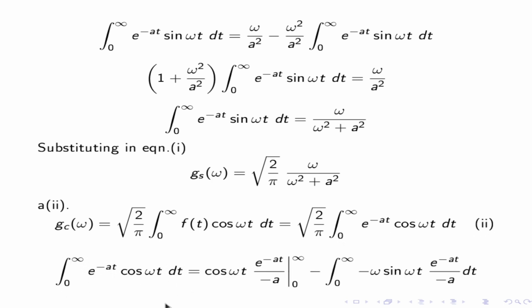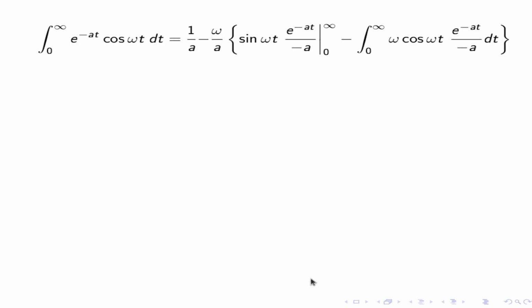Now taking this as equation 2 and simplifying, integral 0 to infinity e raised to minus at cos omega t dt is equal to, by parts, first function cos omega t into integral of second, minus integral of differential of first, that is minus omega sin omega t, e raised to minus at by a. So this is equal to 1 by a, applying the limit, 1 by a minus omega by a sin omega t e raised to minus at.